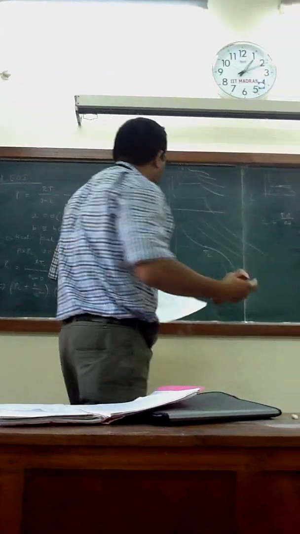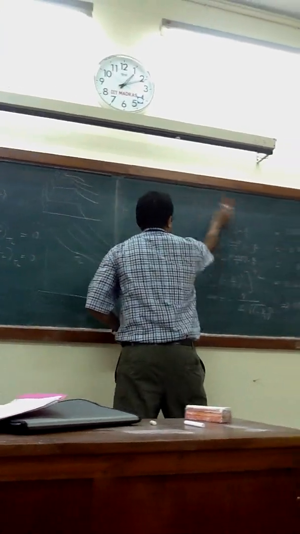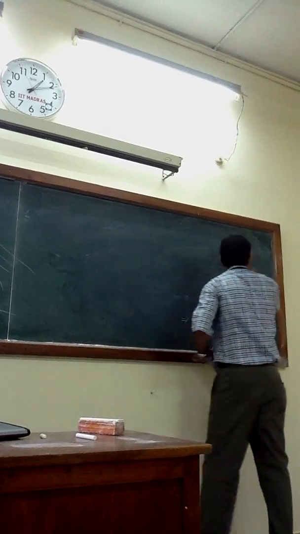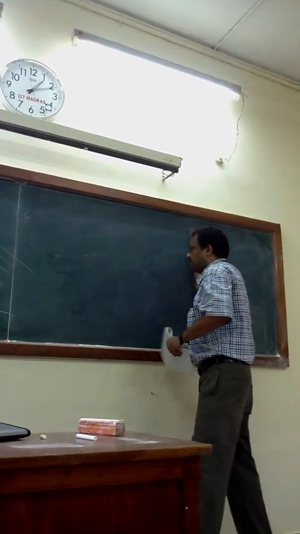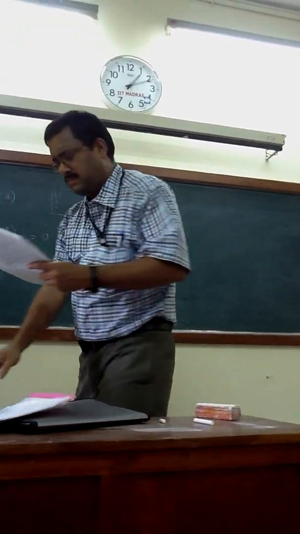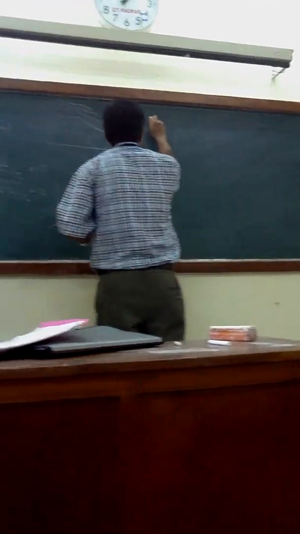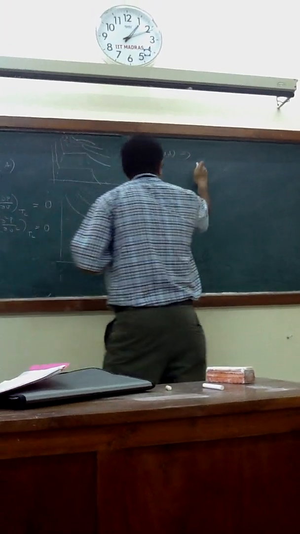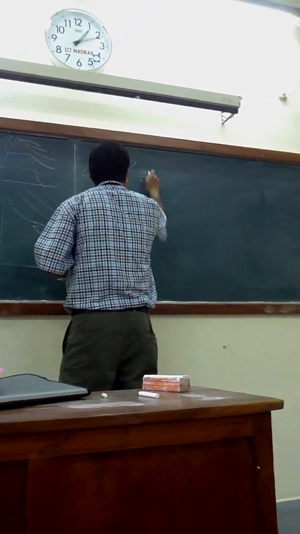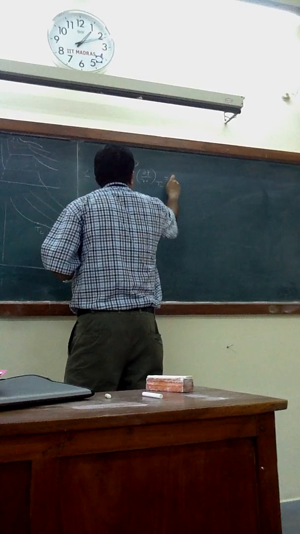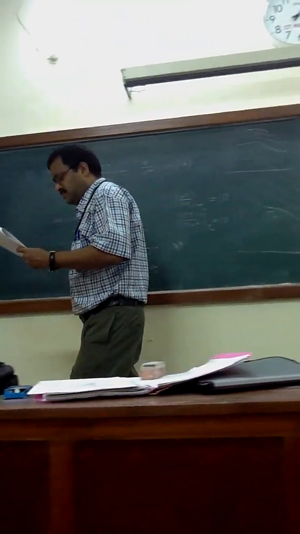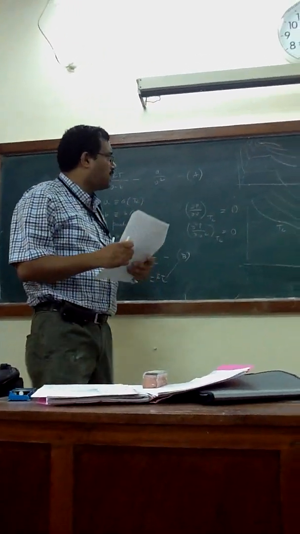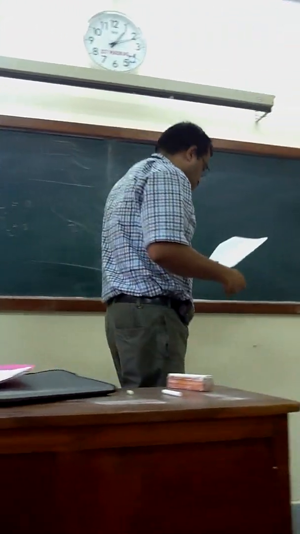From equation A, dou P by dou V at TC equals 0. If you apply that to equation A, what will you get?